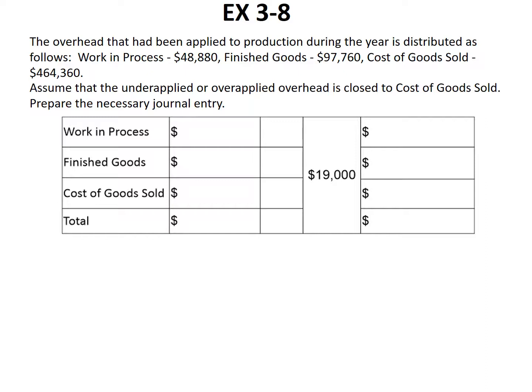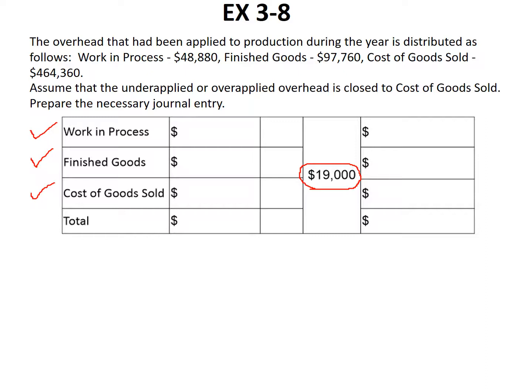So in this case, the requirement in the problem says we need to apportion this back to our inventory, rather than just simply charging everything to cost of goods sold. So in this case, we're going to have two inventory accounts and one related account: work in process, finished goods, and cost of goods sold. We're going to take that $19,000 difference in our manufacturing overhead account and apportion that back based upon the amount of overhead that has basically flowed through work in process, finished goods, and cost of goods sold.